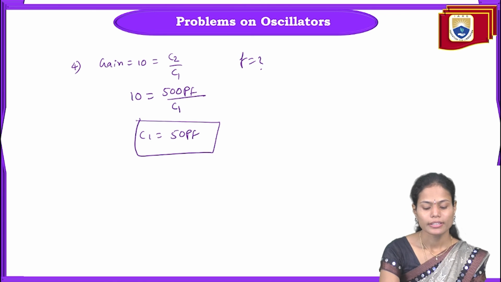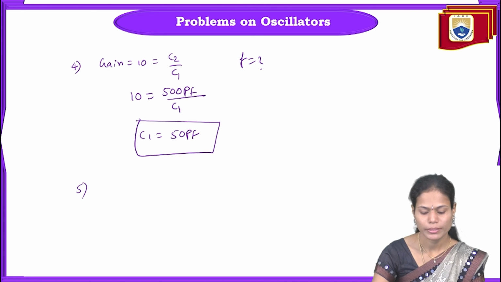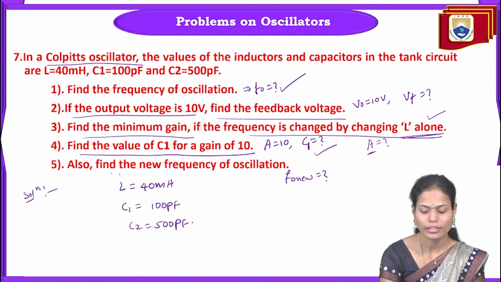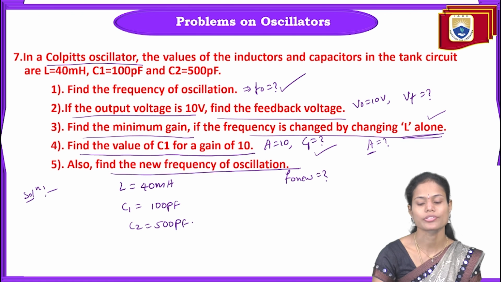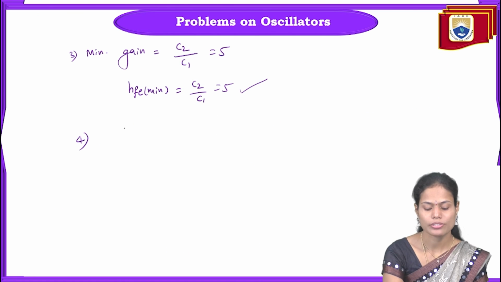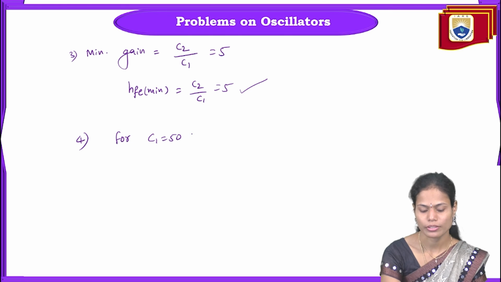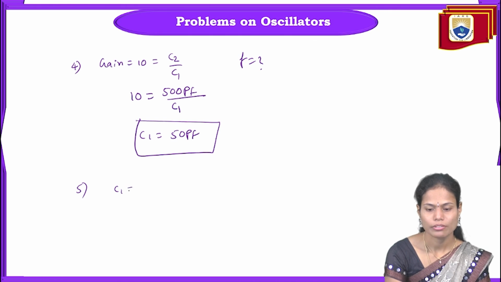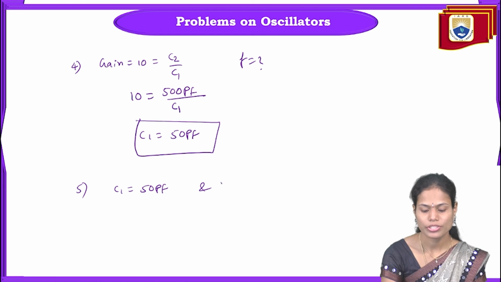Next, the fifth bit: find the new frequency of oscillation. To find it, we take the new capacitance value, C1 equal to 50 picofarads, which we just calculated, and C2 equal to 500 picofarads.